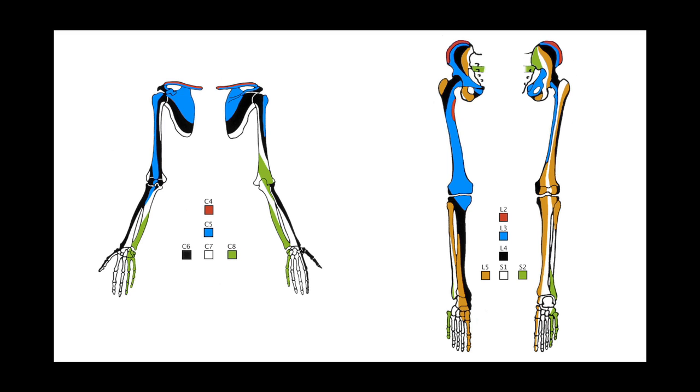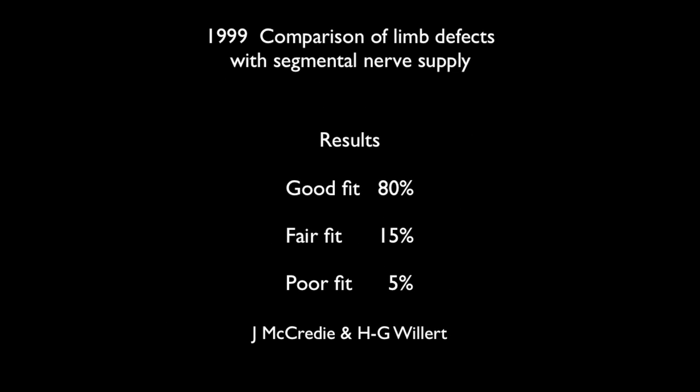That is, the pattern of the bone defects was the same as the sensory nerve supply of the skeleton. And our results are here. In his series, we found 80% of cases fitted the nerve supply exactly, 15% were a fair fit, and 5% were a poor fit with the sclerotome maps.